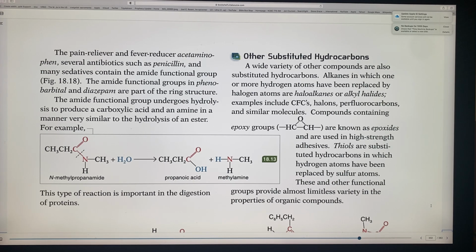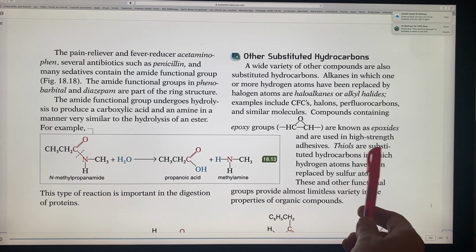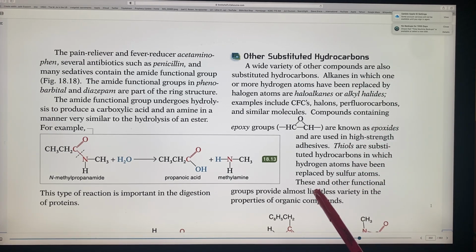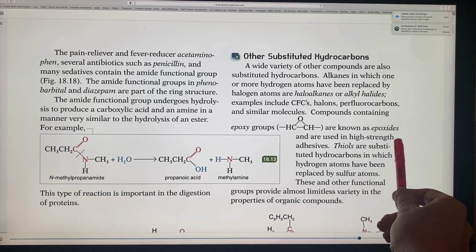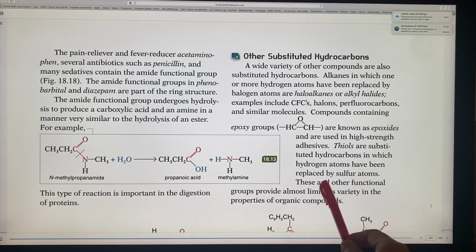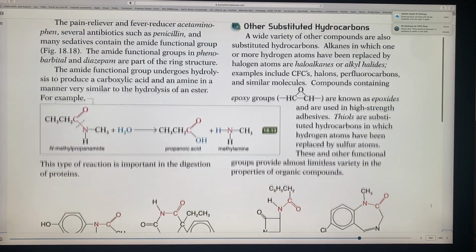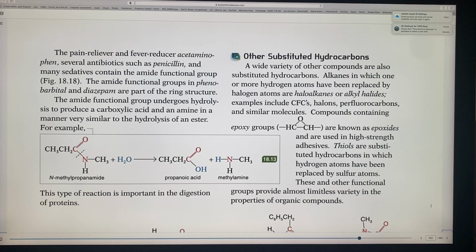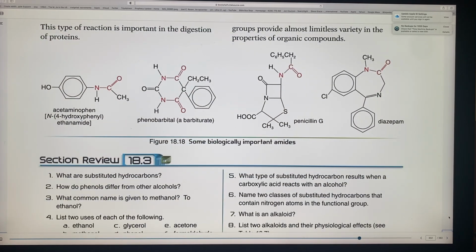It's a limited variety. Here are some pictures: perfluorocarbons, epoxides, thiols. You can go on and on. There are a lot of different types of substituted hydrocarbons. So that's the end of this group.